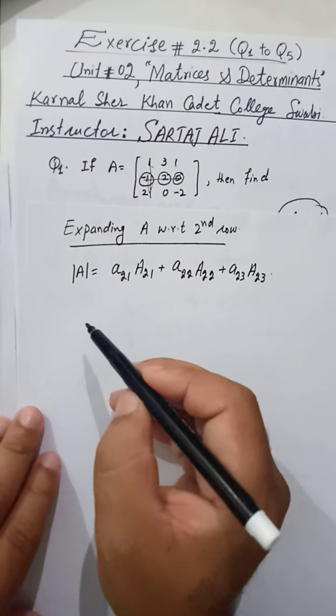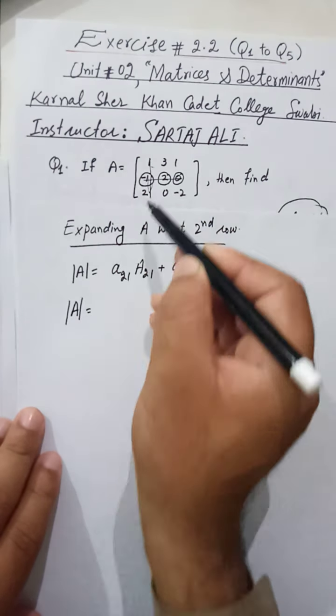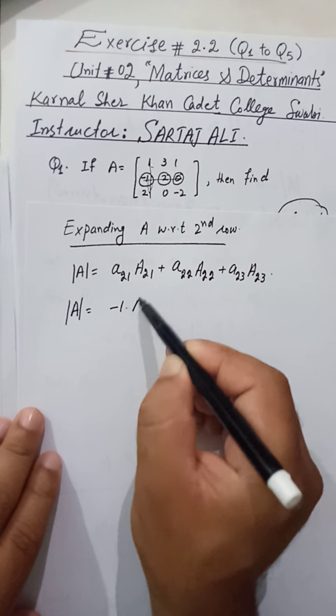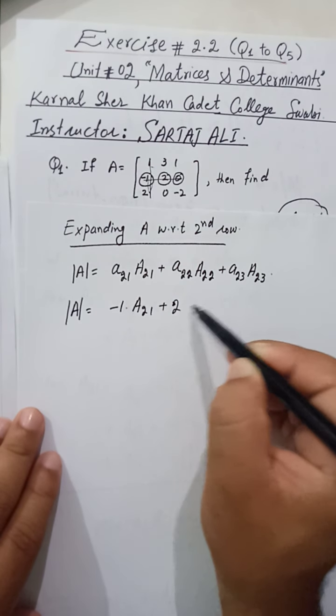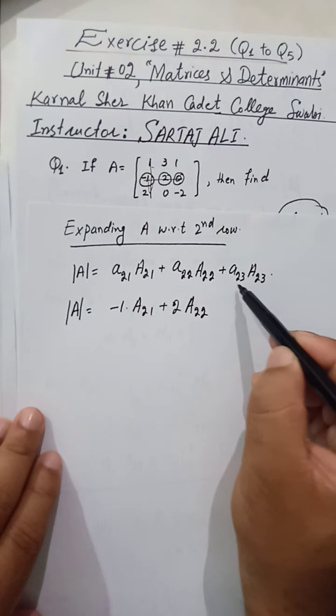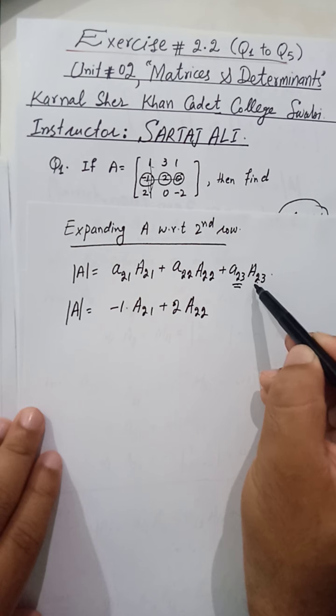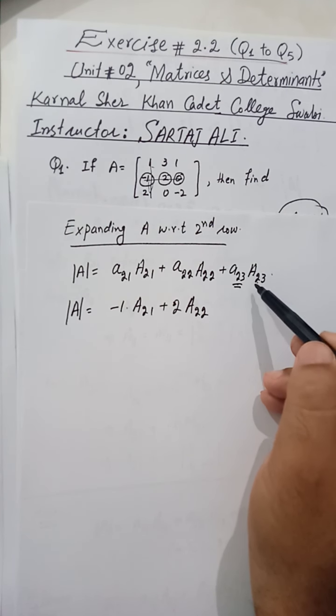Now you know that a21 is equal to -1, so -1 times capital A21, a22 is 2, so 2 times A22, and a23 is 0. So 0 multiplied by the cofactor, which is always a number, gives 0.